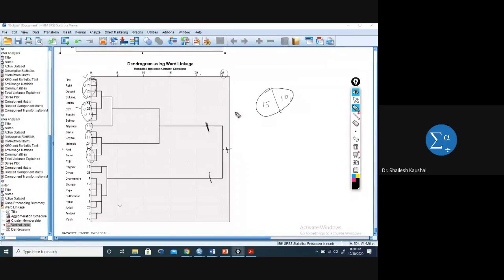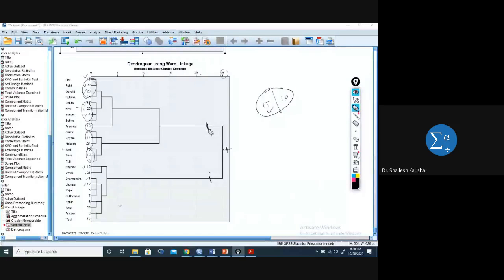You can count the branches of this: 1, 2, 3, up to 15. So 15 people here. And in this particular branch you can see 1, 2, 3, up to 10 here.